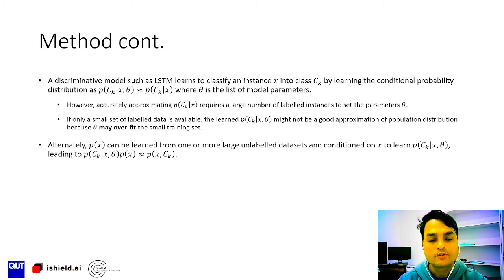An alternative solution is that a model can learn the prior probability P of X using one or more large unlabeled datasets and then use that prior probability to regularize the parameter set theta in the approximating model.